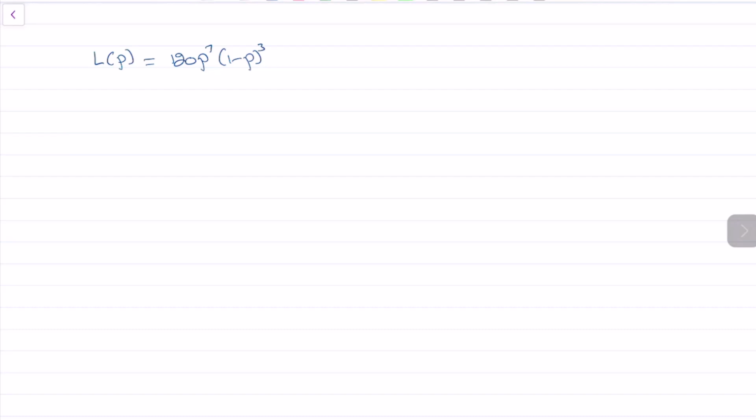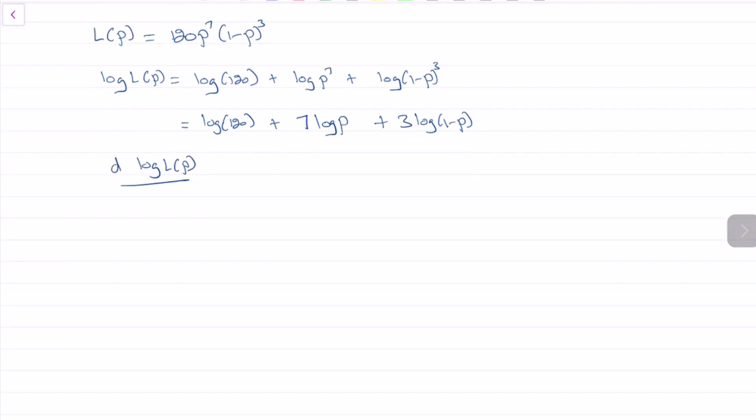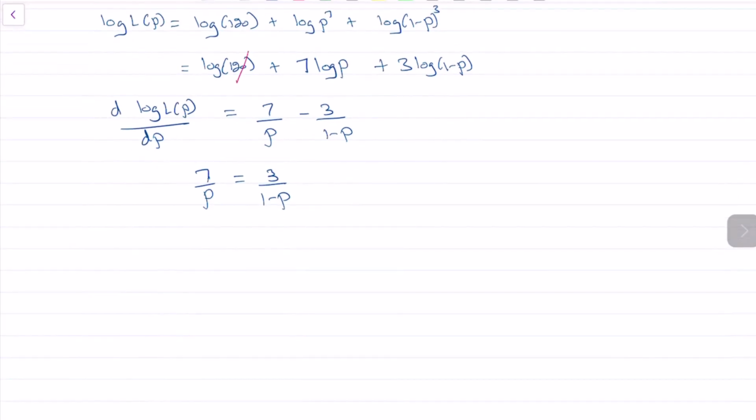If we take the log, this will be log of L. Then if you differentiate the log of L with respect to P, the constant goes, and we get 7 by P minus 3 over 1 minus P. We set this to 0 and solve, and we get 7 by P equals 3 over 1 minus P. So we are defining the maximum likelihood estimate of P, simply the proportion of heads and tails. That ends up being 7 by 10 equals 0.7.